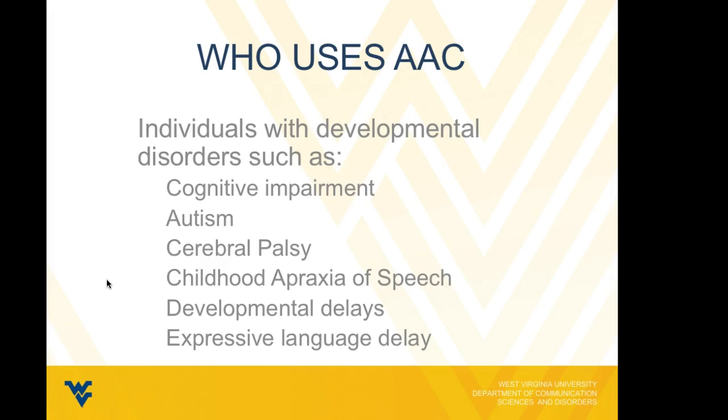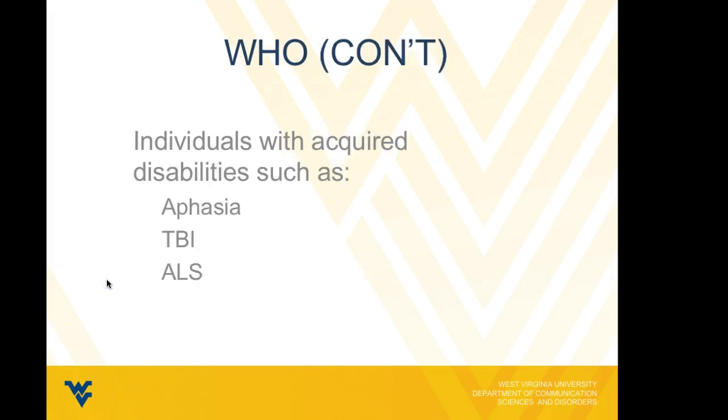I didn't include it on this list, but I also see many children who have genetic disorders, and there are many of those, and so a number of those individuals have complex communication needs and also might require an AAC system. We also work with individuals who have acquired disabilities, so this might be an individual who has suffered a traumatic brain injury or has aphasia, or perhaps has a neurological disorder such as ALS.